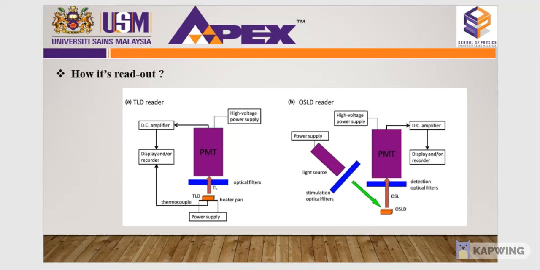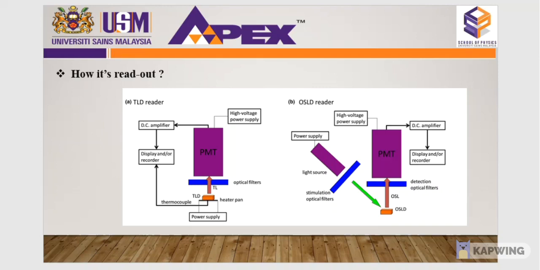Assalamu alaikum warahmatullah. Now we want to talk about how TLD and OSLD are read out. As we know, TLD can be stimulated by using heat, and as we showed in figure A, the TLD chip is put on the heating pan. The heating cycle passes through 3 steps.